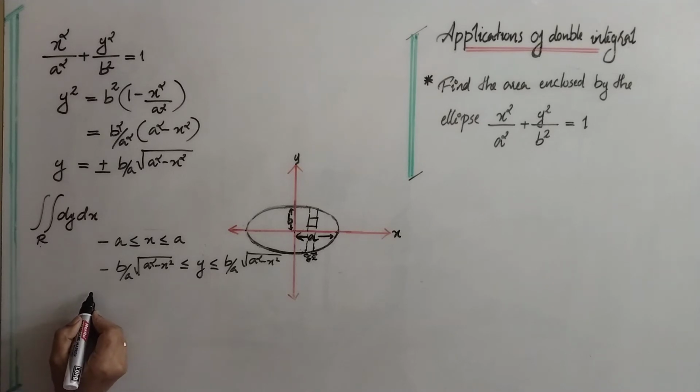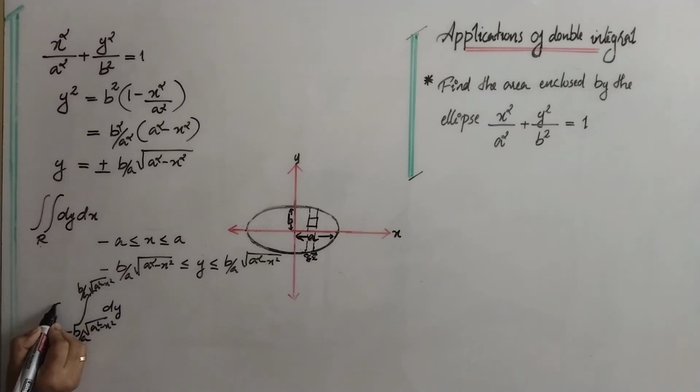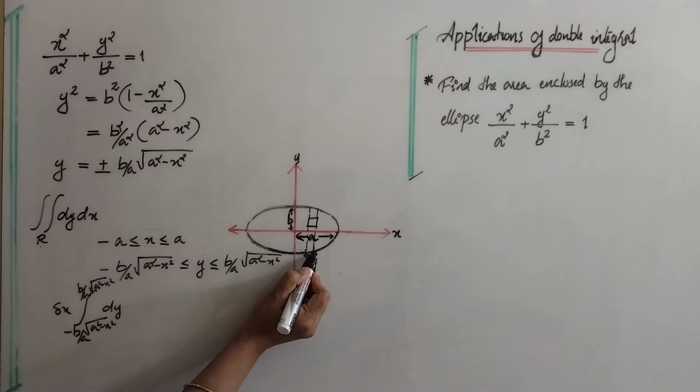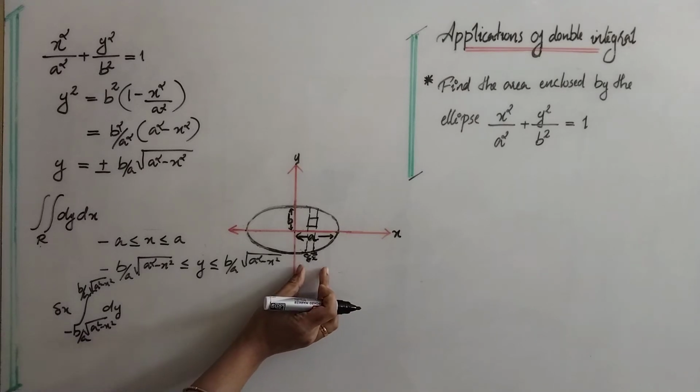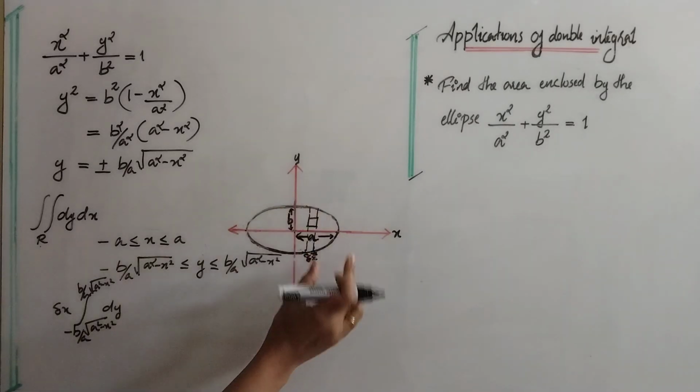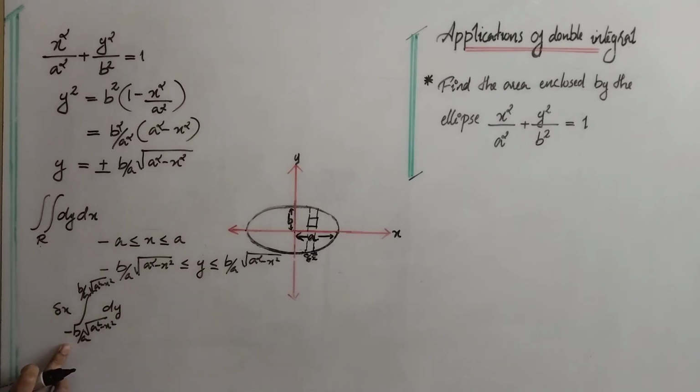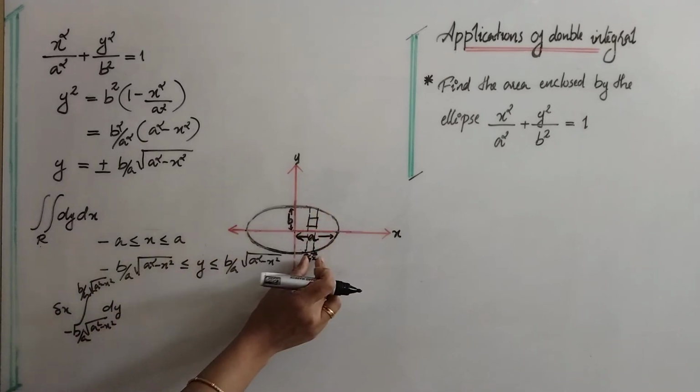So we can write it as integral from minus b by a root of a square minus x square to plus b by a root of a square minus x square dy, into this thickness delta x, which gives the area of this vertical strip.